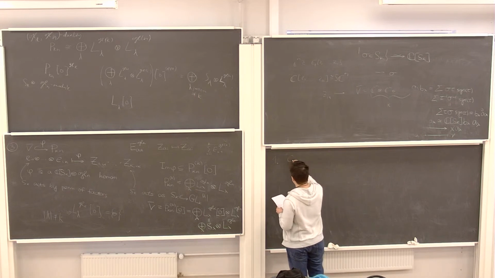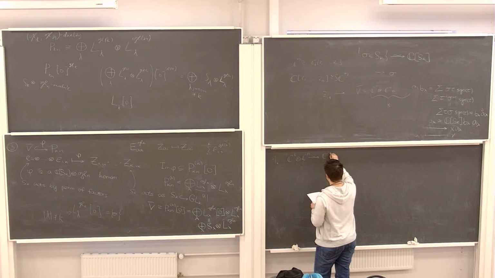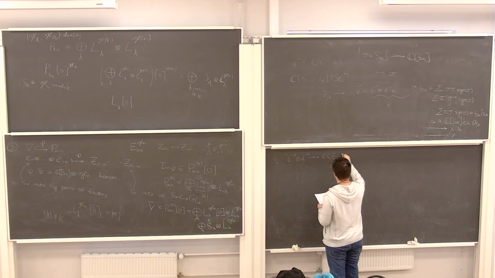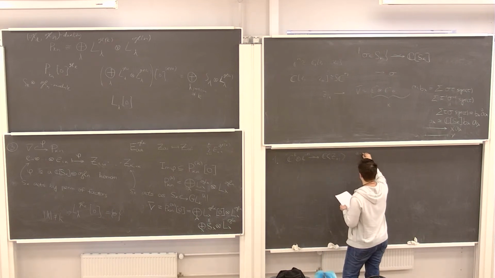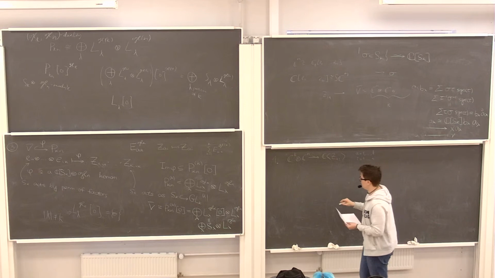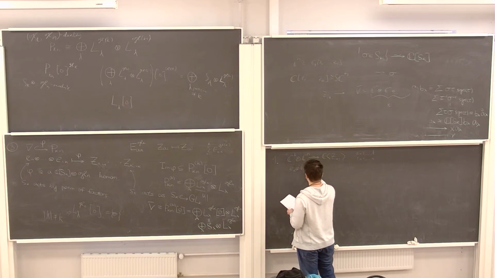We have an obvious isomorphism of vector spaces with a linear span of letters Z_{aI}, I from 1 to n. Assume that here we have basis e_a, and here we have basis f_i.